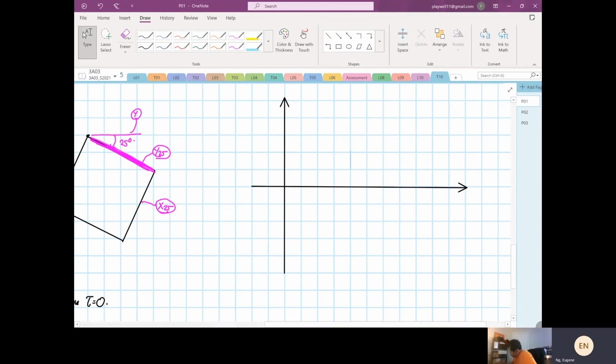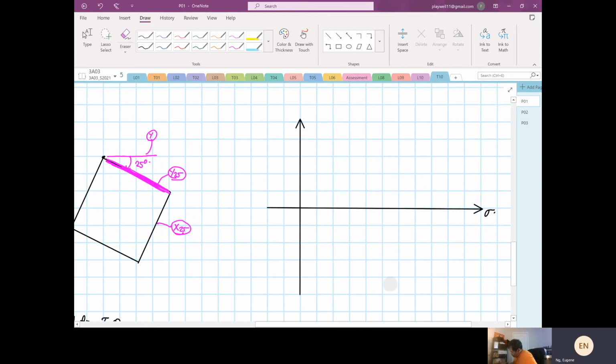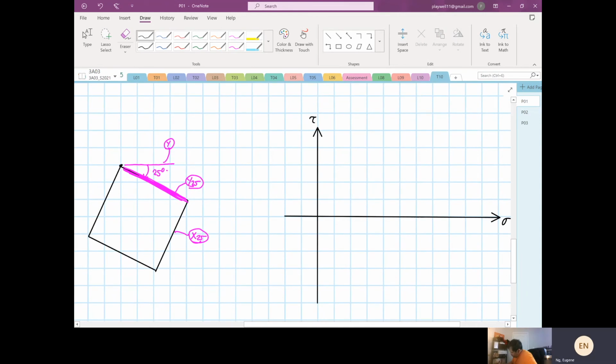This is our normal stress, shearing stress, element rotating clockwise, element rotating anti-clockwise.